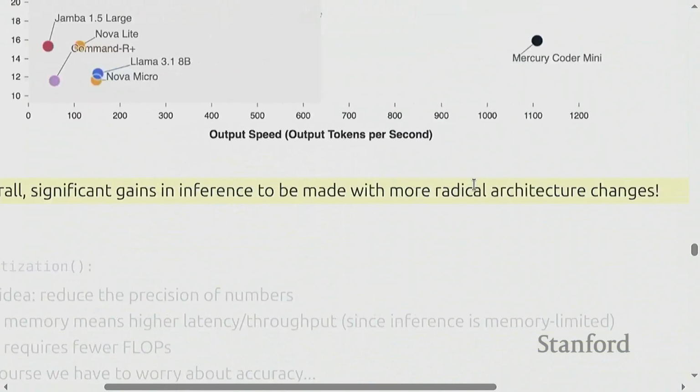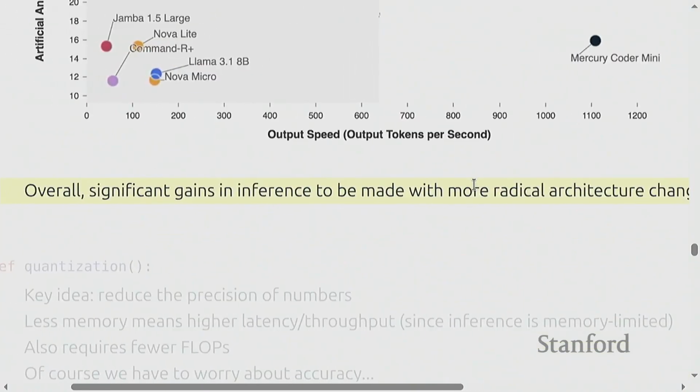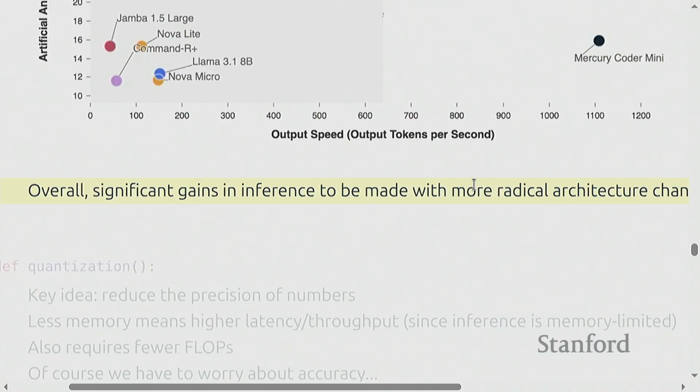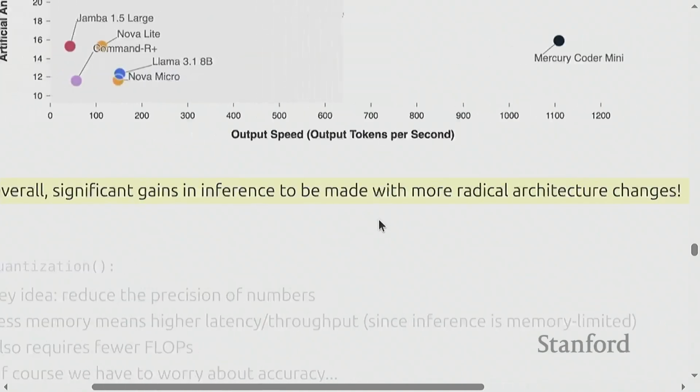Okay, so the summary here is that this whole novel architecture thing is actually really exciting for inference, because these architectures allow you to sidestep fundamental obstacles. If you're dealing with attention, you have this fundamental KV cache obstacle that you can quantize and optimize, but it's still there.